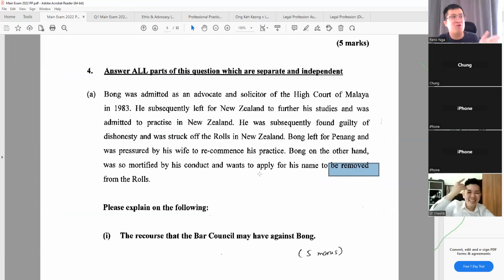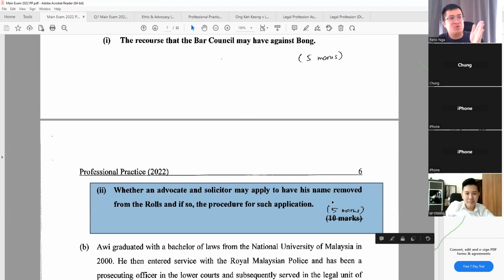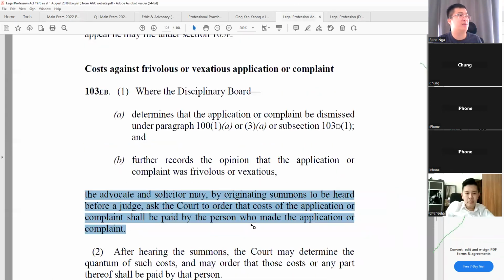Let us go to 4A Roman 2. How to apply for his name to be removed. So indeed there is such an application to remove, which means I don't want to restore at all, not a chance, because I also don't want to become a lawyer already. So let us talk about this question 4A Roman 2 first. The answer should be, let us go to our index, LPA.